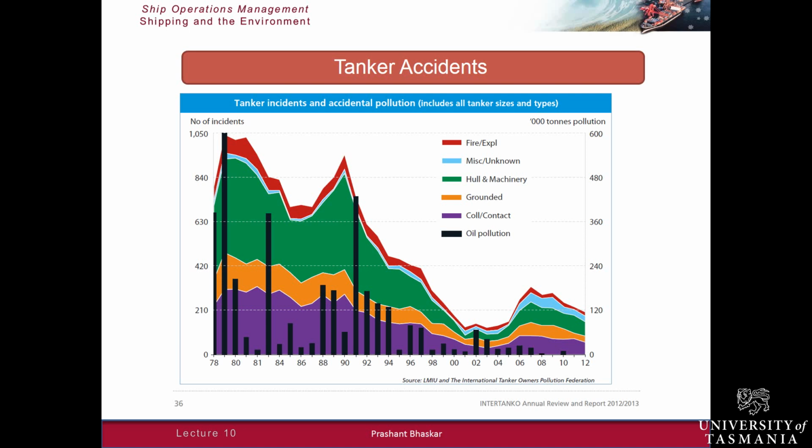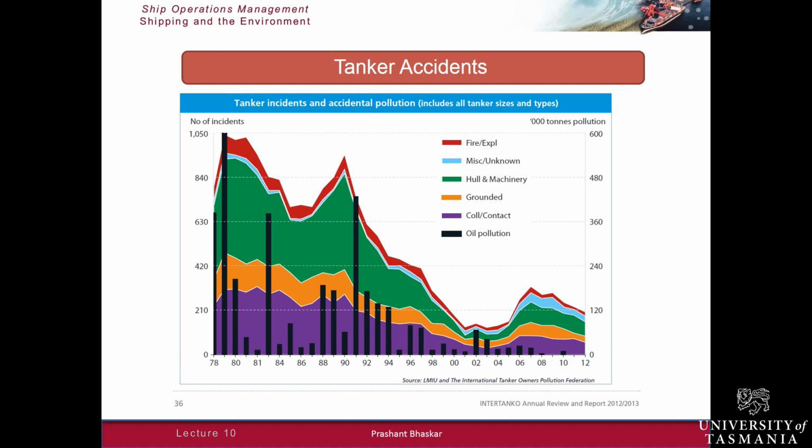For example, in the 1990s, nearly three quarters of the amount spilled was caused by just 10 incidents. In the 2000s, about half of the spilled amount was caused by just four incidents. So figures for a particular year may be severely distorted by a single large incident.